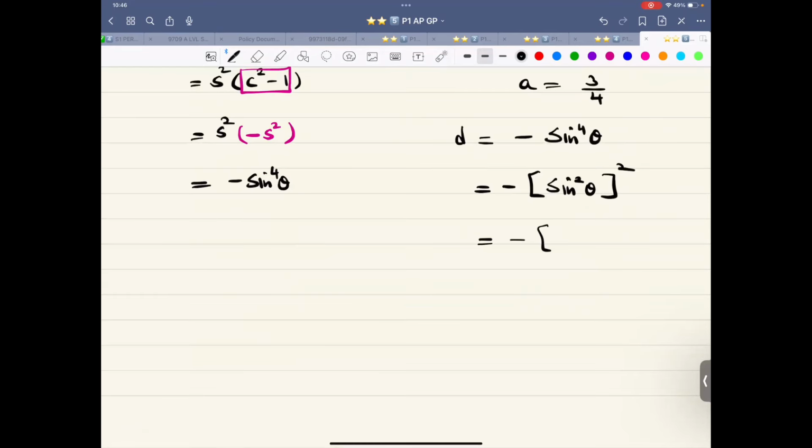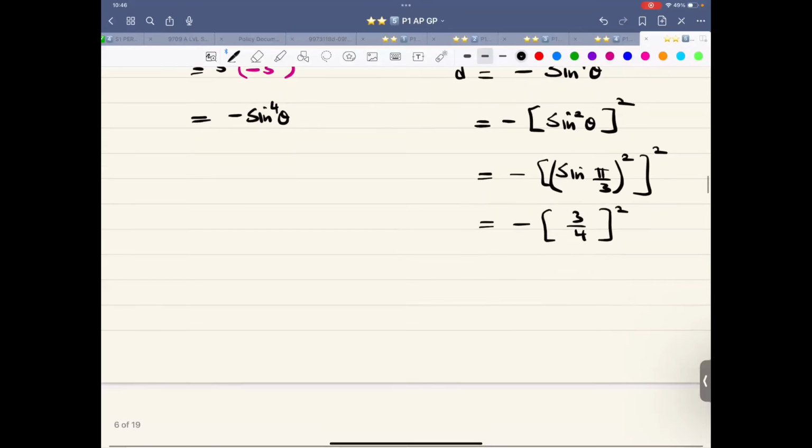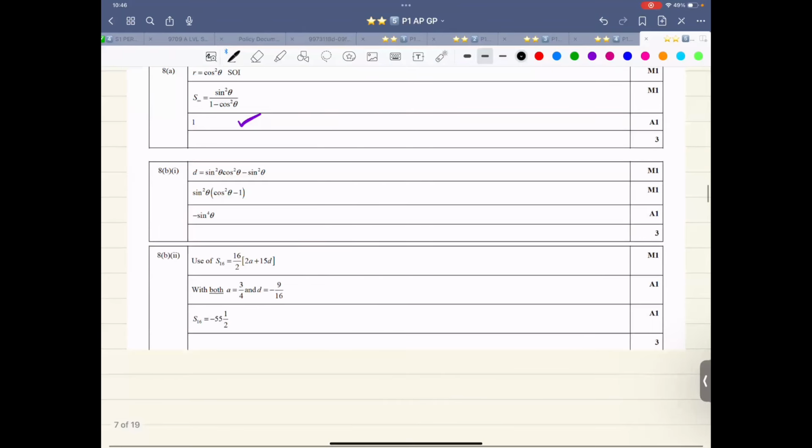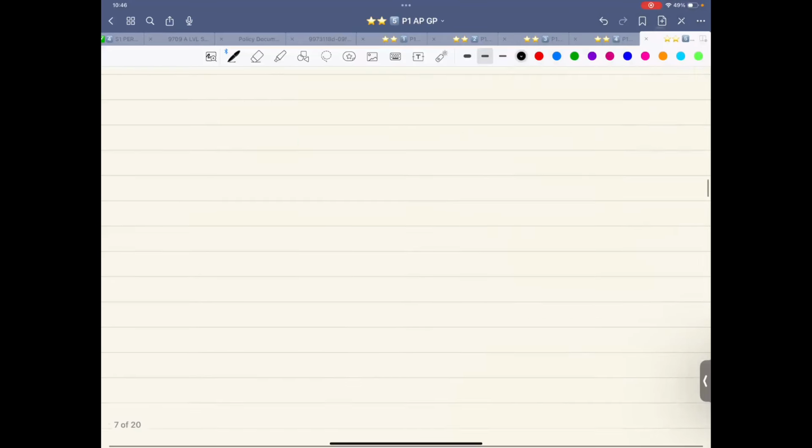That is negative sine pi by 3 square square. That is negative 3/4 square. That is negative 9 over 16. So common difference is negative 9 over 16. That is it. And this one is positive 3/4.